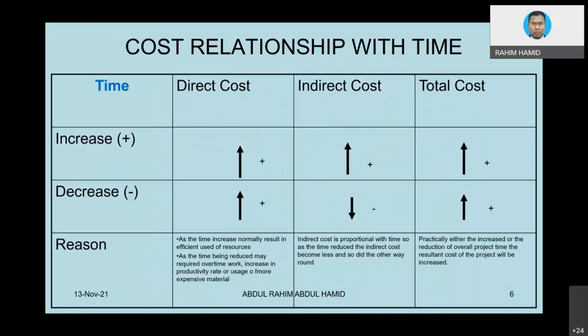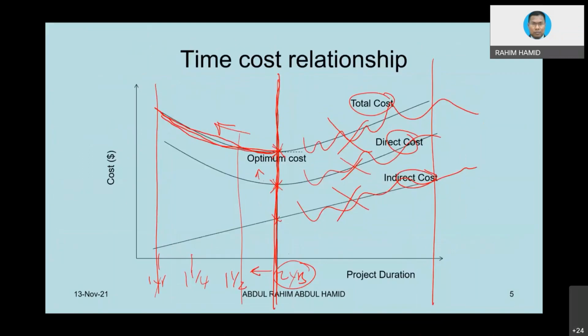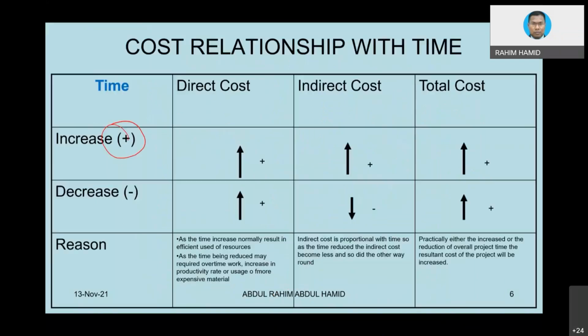Okay, this is an example. Increase the time of the project, meaning, if for instance we prolong the project duration, of course the indirect cost will be increased. We need to pay the rent, the utilities bill, etc. That is straightforward. How about direct costs? Well, there is a possibility that direct costs can also increase.